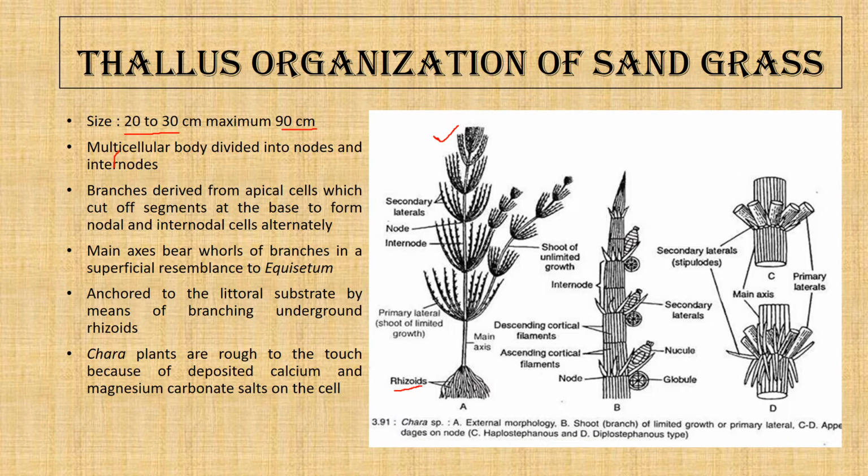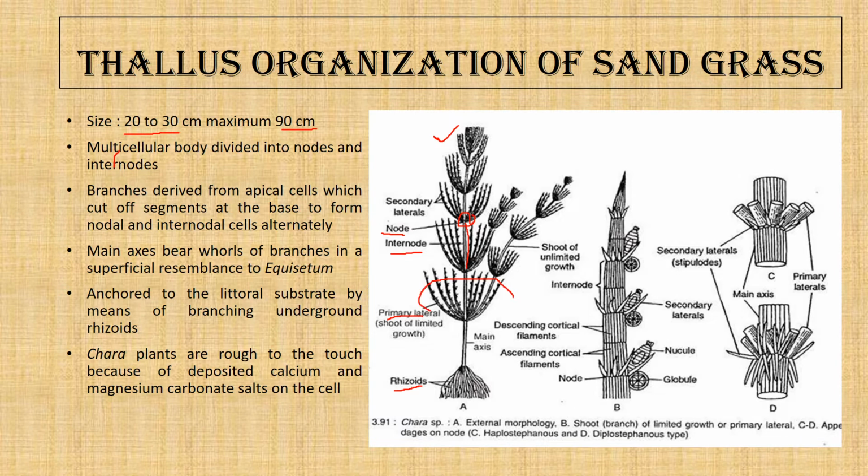The upper portion, that is the shoot-like structure, is divided into node and internode regions. This entire part is the internode region, and this is the node region. In the node region, we see that there arises a whorl of branches.